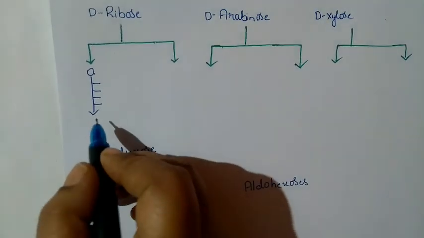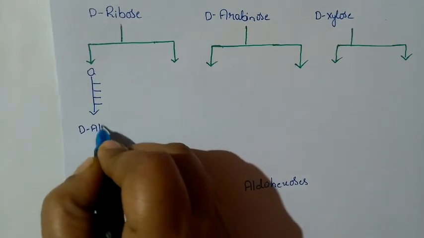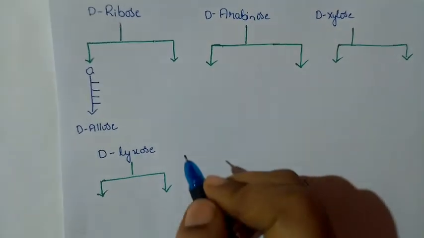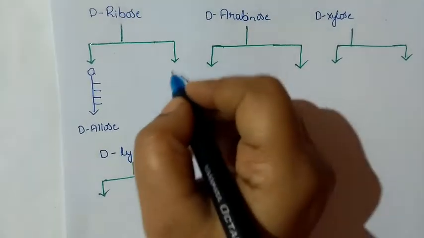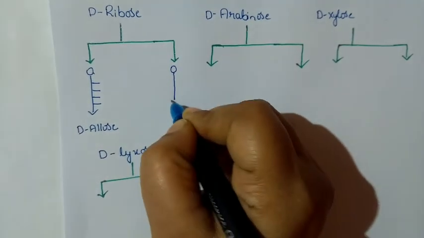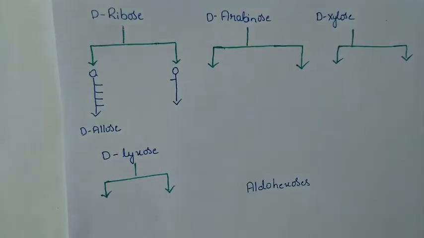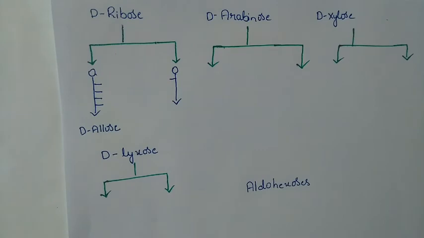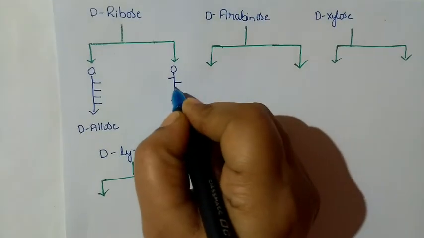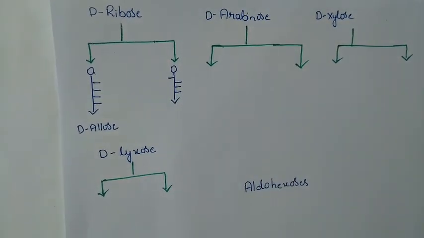The name of this one is D-allose. Next one: the second carbon atom towards the left side, and the remaining all as it is, towards the right side itself.